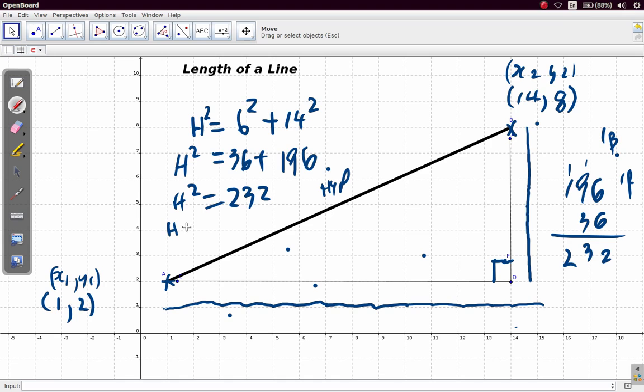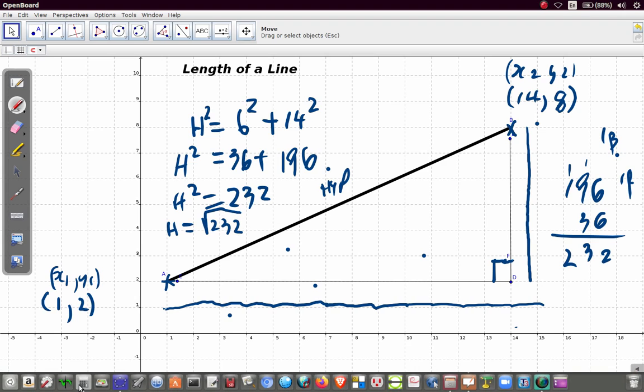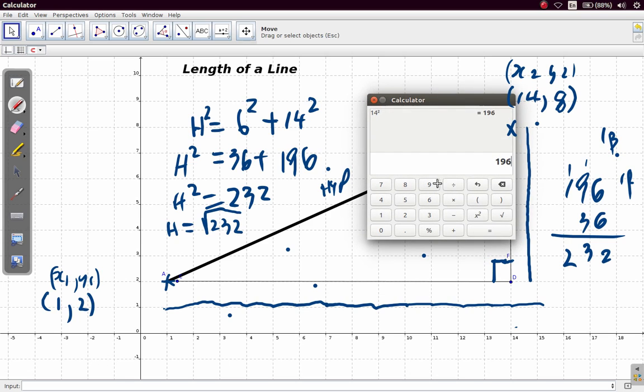What we want is h. H is the hypotenuse and it's the length of our line here. The length of our hypotenuse is going to be the square root of 232. What's the square root of 232? Let's go back to our calculator. So we want to find the square root of 232.